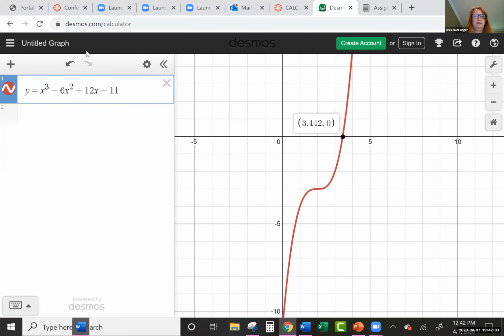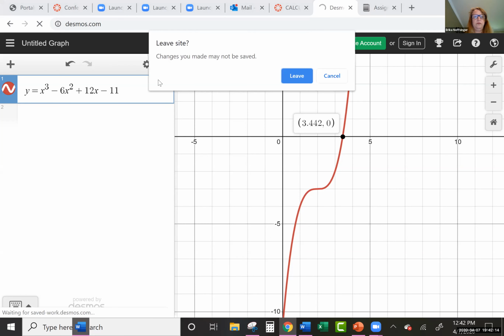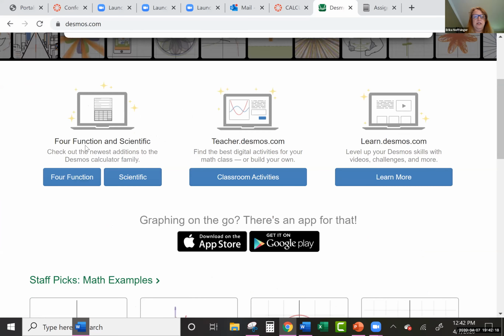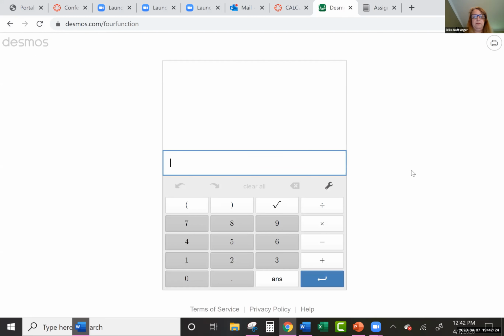How about this? Let's use good old Desmos. Actually, I just did the wrong one. Maybe not.